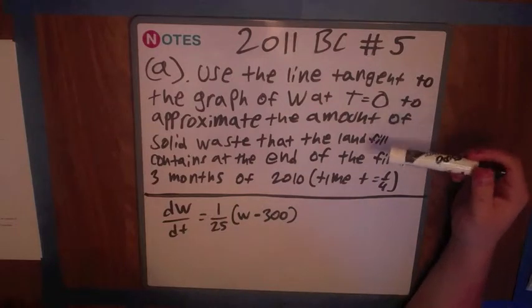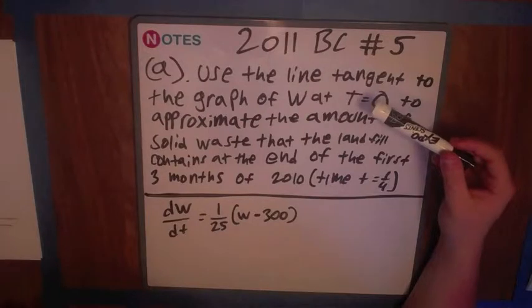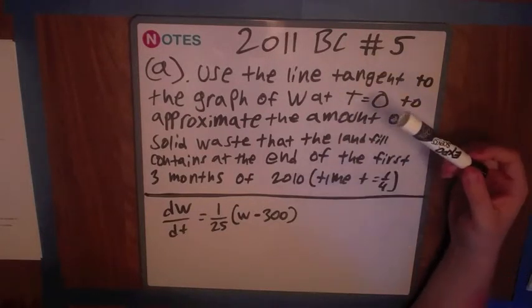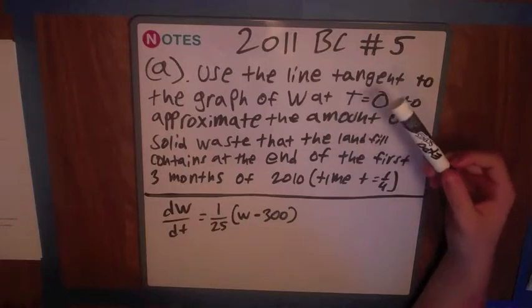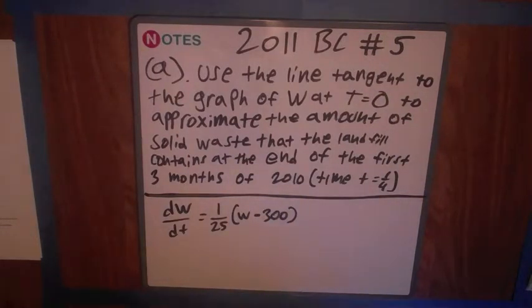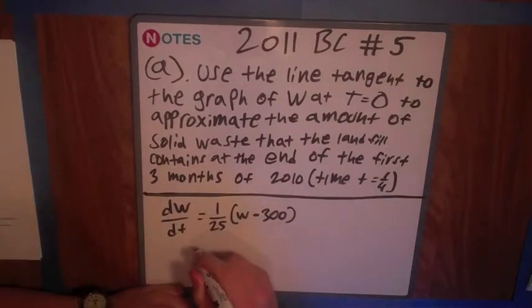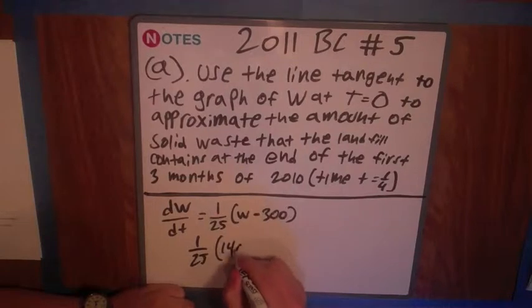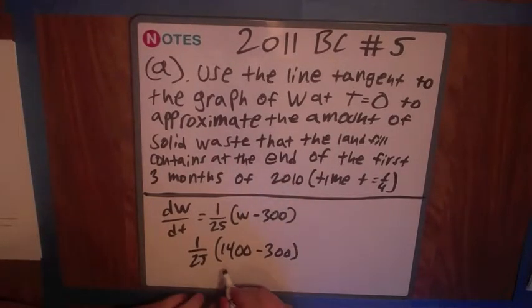So we're going to do this at t equals 0, and we also know that at t equals 0, the initial amount of solid waste is 1,400 tons. So to get the tangent line for t equals 0, I'm going to plug in for the slope, 1/25 times 1,400 minus 300, and this equals 44.